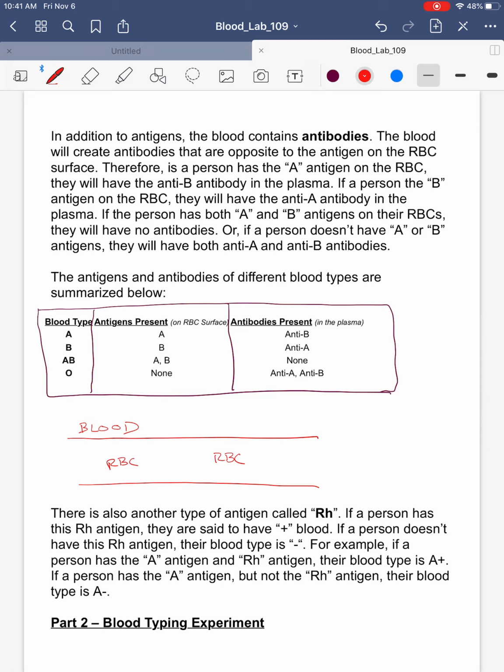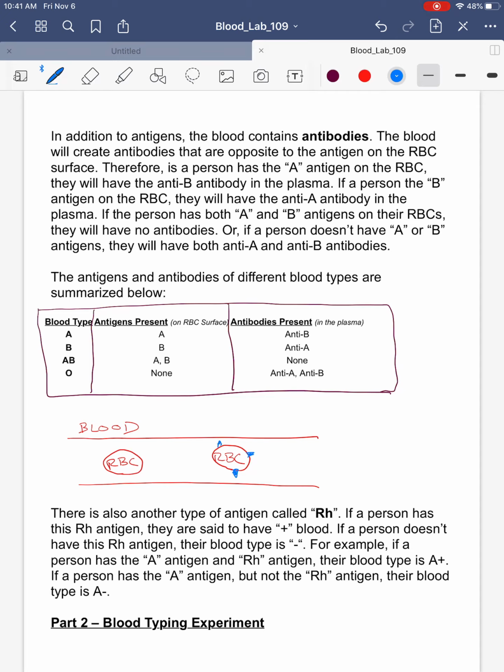Okay, he's okay. So what happens is these red blood cells have something on them called antigens. So if I draw the red blood cell, they have on them these little things called antigens.